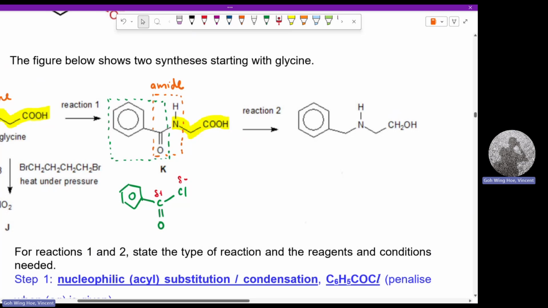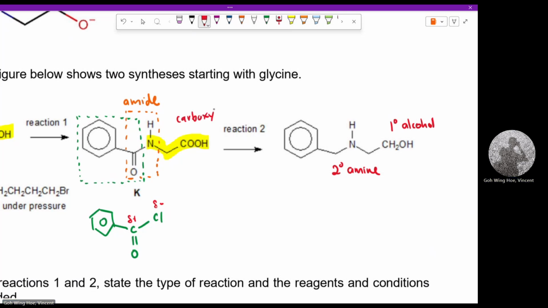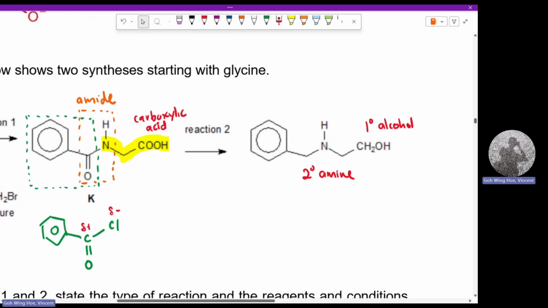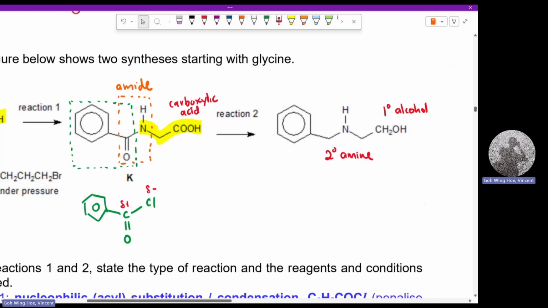So in step 2, you should notice by observation that the amide group is no longer present. Here you have a secondary amine formed from your amide, and then you also have a primary alcohol where formerly you have a carboxylic acid. Knowing your organic chem reactions well, when you have a carboxylic acid becoming a primary alcohol, this is a reduction reaction.